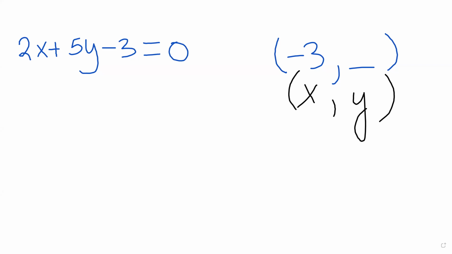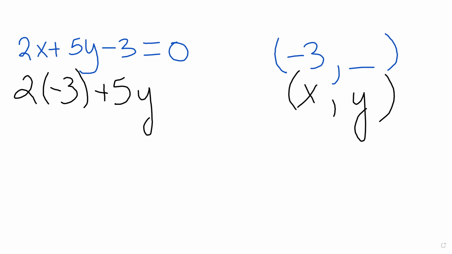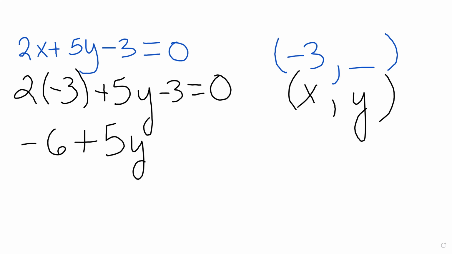So if we substitute here, we have 2 times -3, making sure you put the -3 in parentheses, plus 5y, and we don't know what y is because that's what we're trying to solve for. Minus 3 equals 0. 2 times -3 is -6, plus 5y minus 3 equals 0.